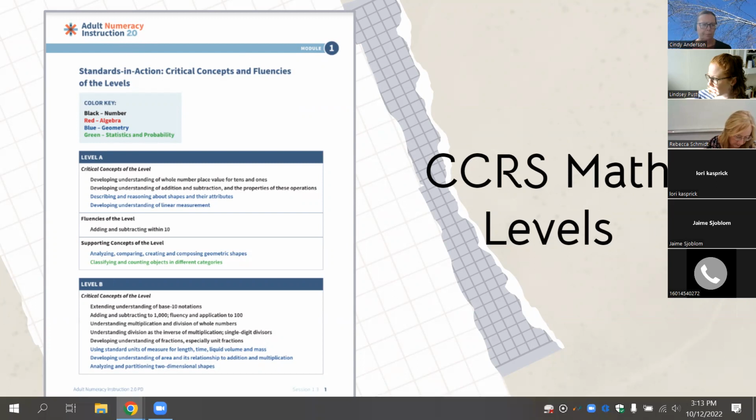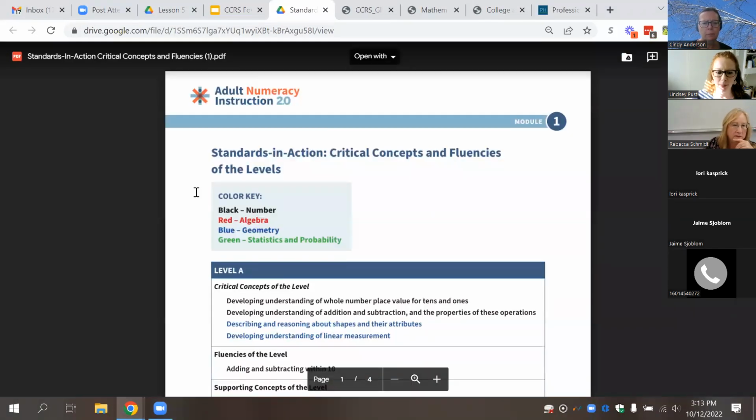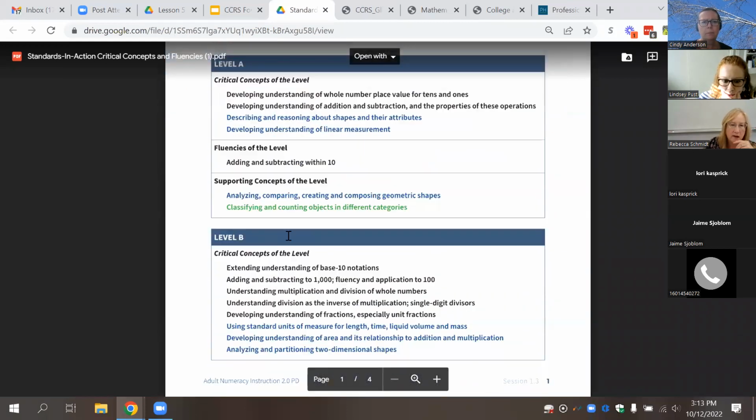I'm going to put this in the chat now, to help color code the different strands, I'll call them: numbers, algebra, geometry, statistics, and probability. So it's color coded and it's grouped by levels, and I'll project it here.